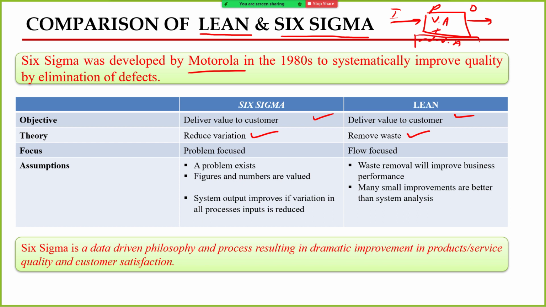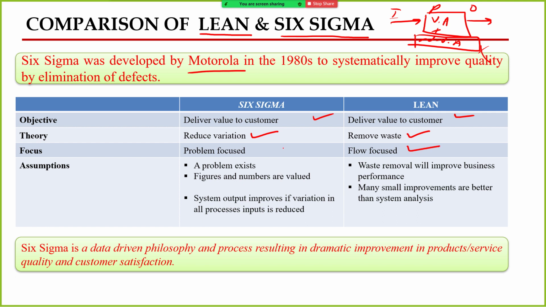All those non-value added activities are known as waste, because we define non-value added activities as all those activities for which the customer is not ready to pay us. So Lean says try to remove those non-value added activities, so that the flow of the input is improved.